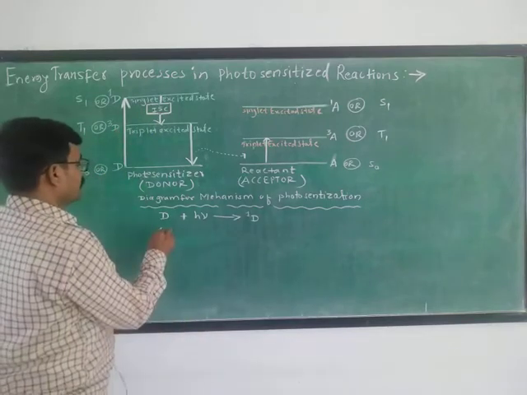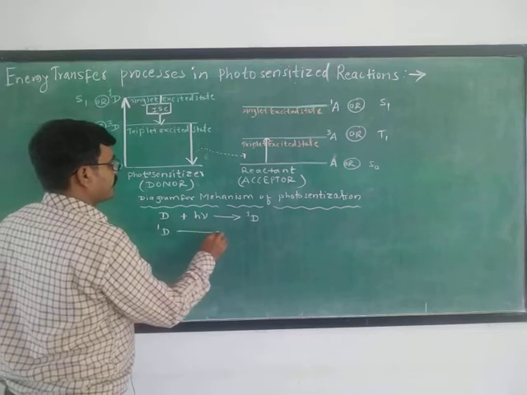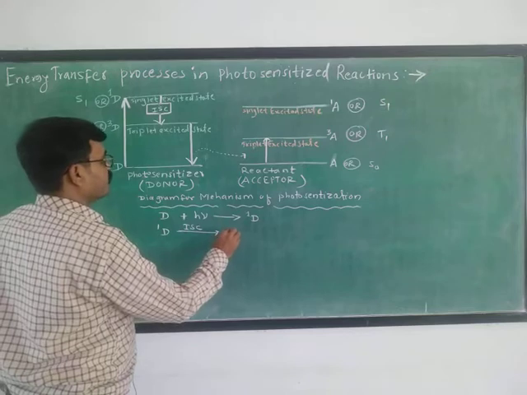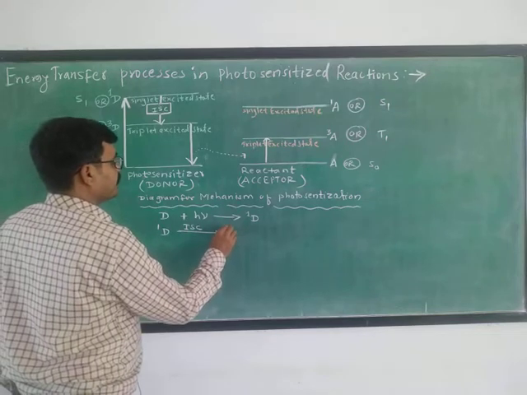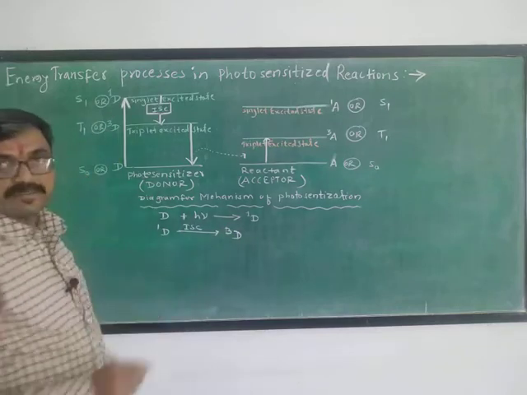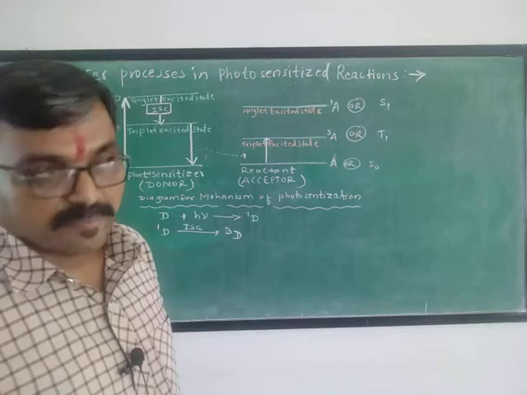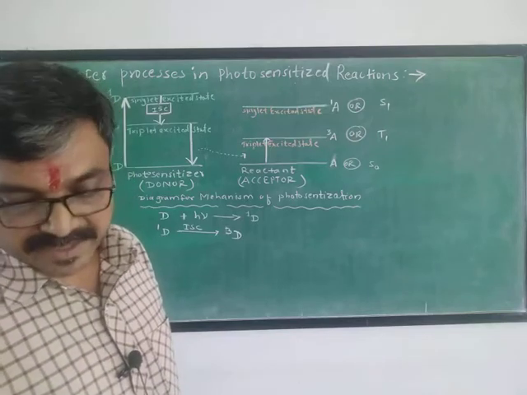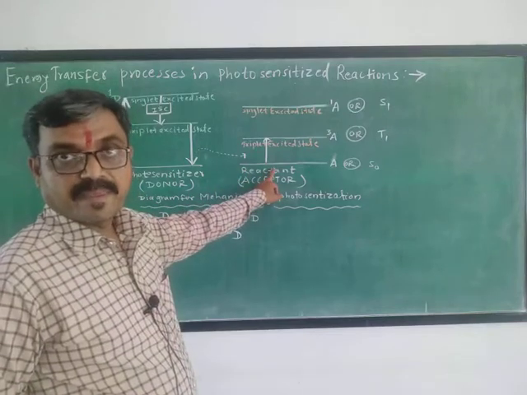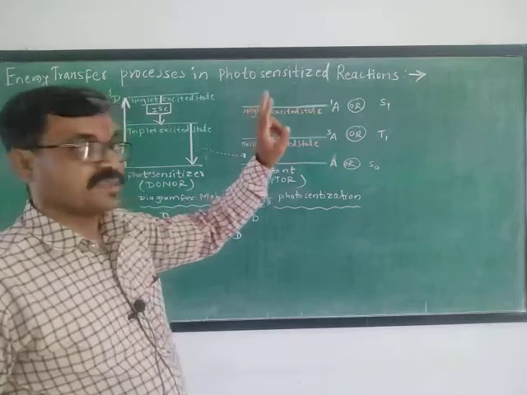This D1, by ISC, inter-system crossing, comes to its triplet state, D3. And after this, when the donor comes into its triplet state, it collides with the reactant A, and then there are two possibilities.